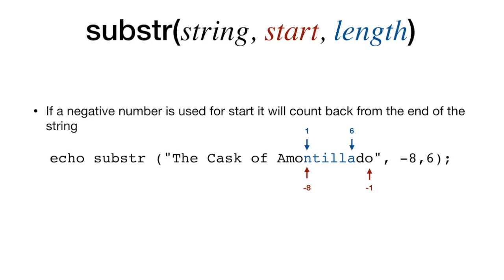So here we're saying we want, starting at -8, a string of length 6. So here we go, -1. Notice it's not -0, but I guess -0 wouldn't make a whole lot of sense. So -1, -2, -3, -4, -5, -6, -7, -8. So starting at -8, we want a string that is 6 characters long: 1, 2, 3, 4, 5, 6, which will give us "ntilla".